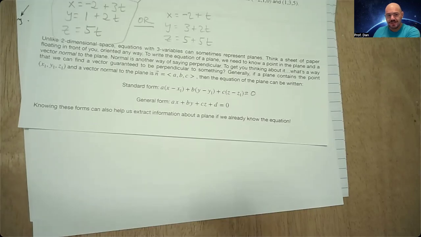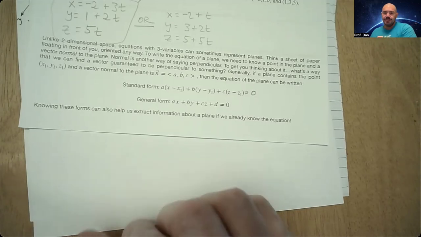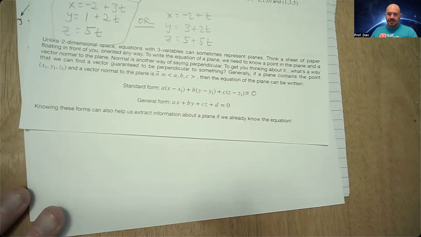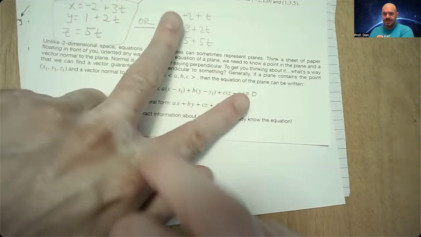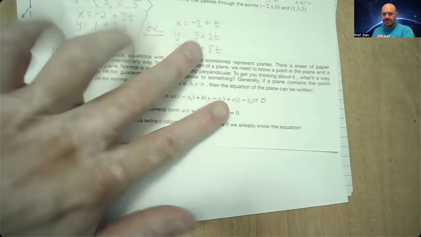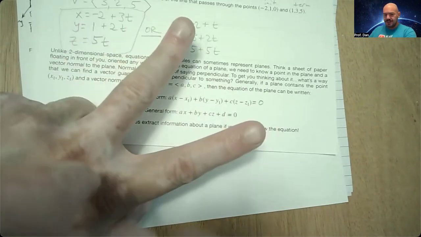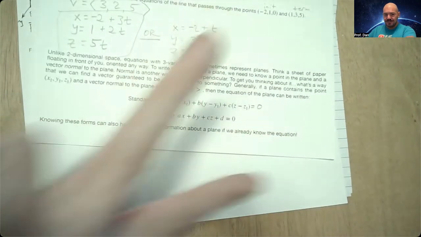We could use the cross product. Yep. Because remember, the cross product will always produce a vector that is perpendicular to the 2 vectors that you're crossing. Remember, if my 2 vectors are in a piece of paper like this, my cross product is poking directly out.